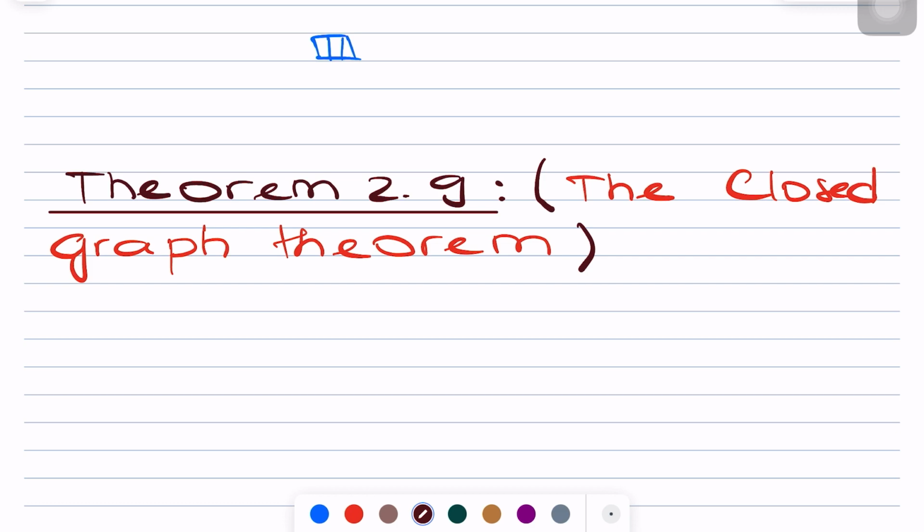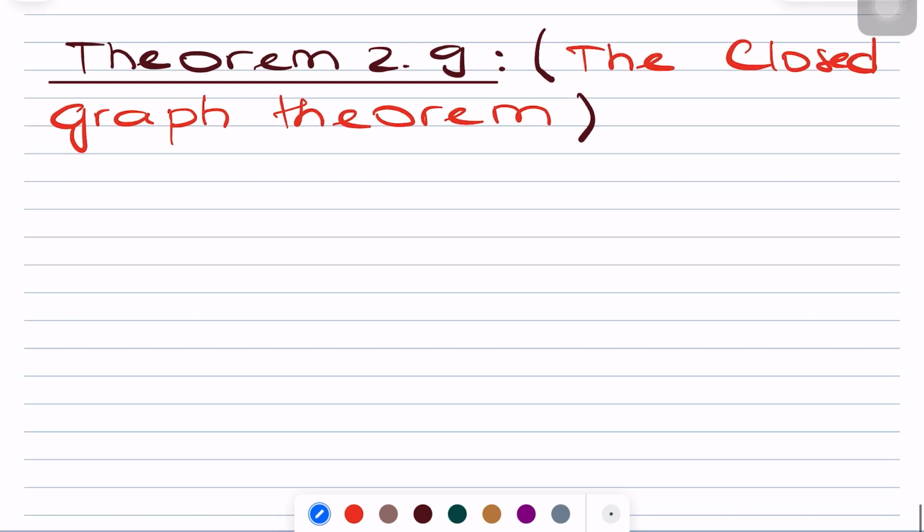So, let E and F be two Banach spaces again.